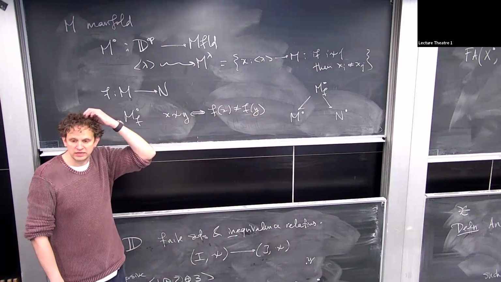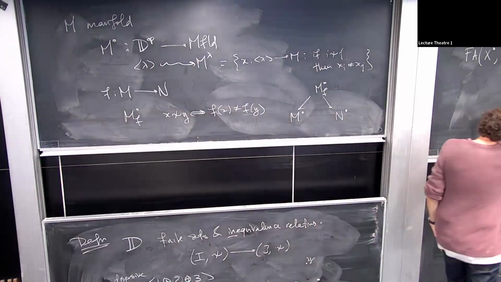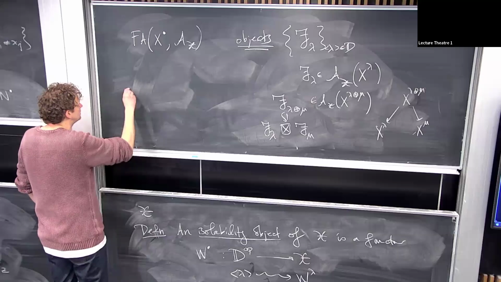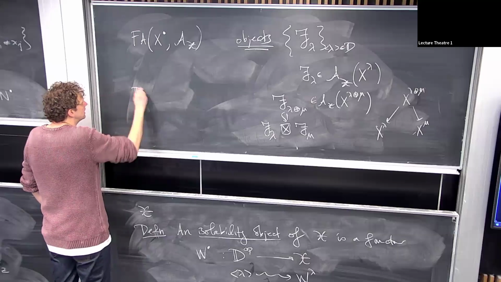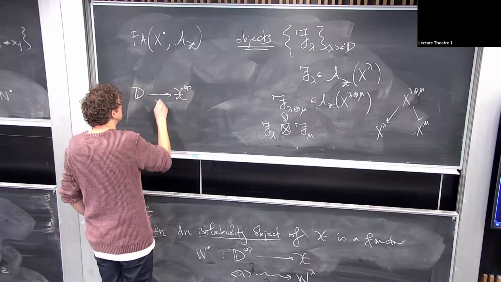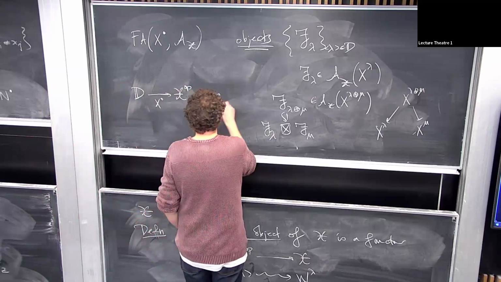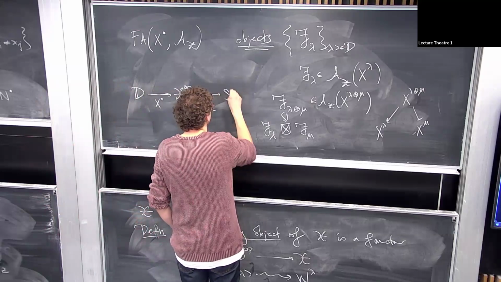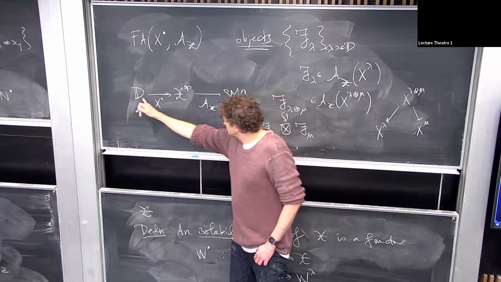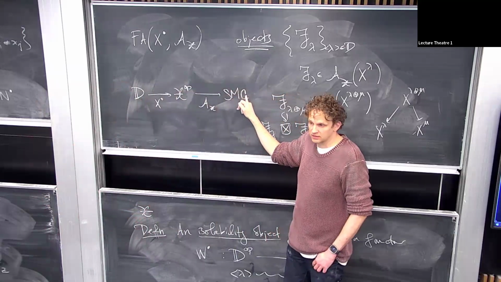So you're probably thinking, how are you going to write this down effectively? Here's how you write it down effectively. This is the vague idea; how do you say it precisely? Well, you have X, which gives you a functor from D to script X op. So that's what X does. And then you've got AX, which goes from X op to symmetric monoidal categories. Then you can look at the Grothendieck construction of this thing.